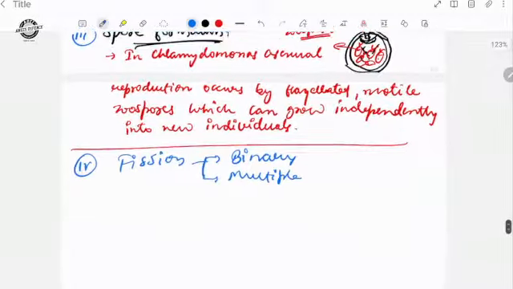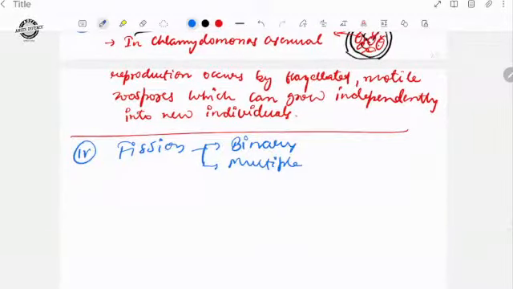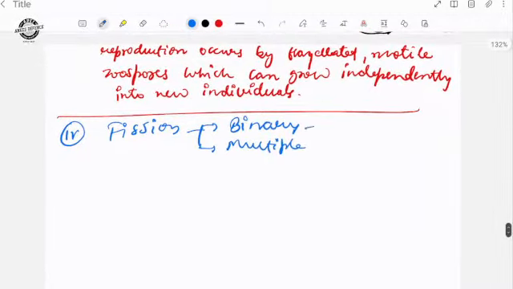Binary means a single parent is going to divide into only two daughter cells. Multiple fission means one parent is going to be distributed into multiple daughter cells. Understood? Simply, we can write the example of binary fission, that is amoeba.